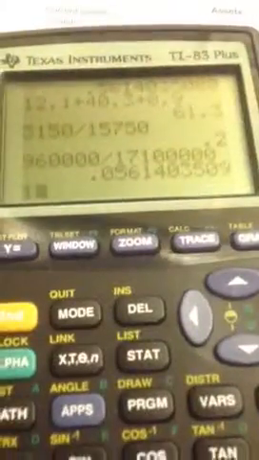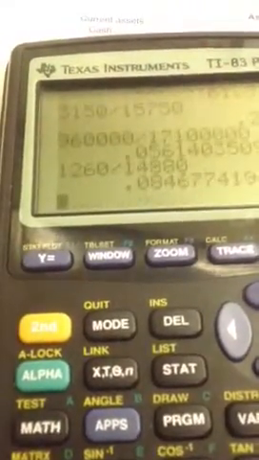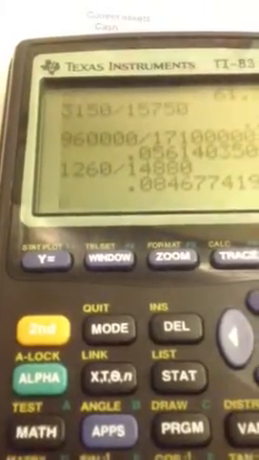So 1,260 divided by 14,880 gives you 8.5%. And here it is right here: 5.6 and 8.5 for cash.